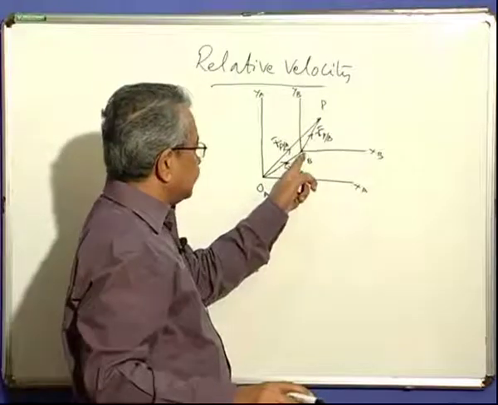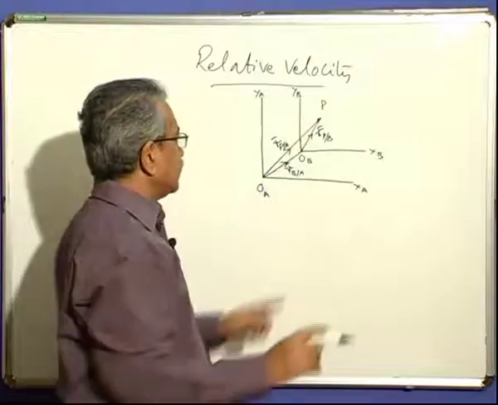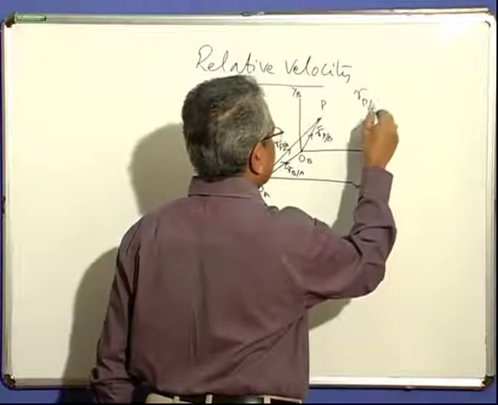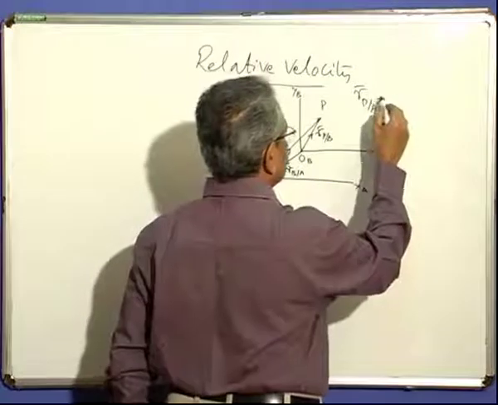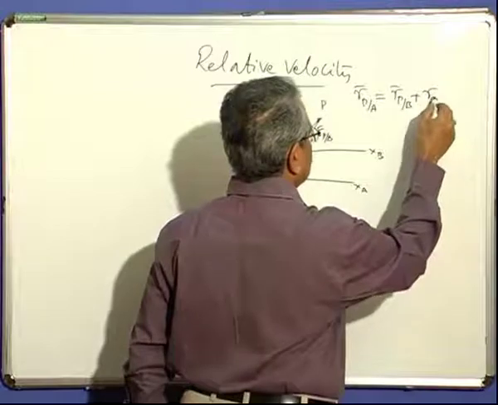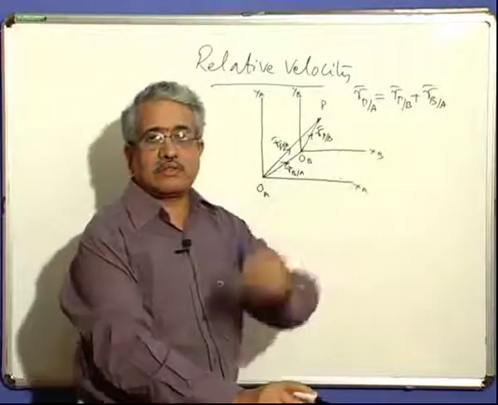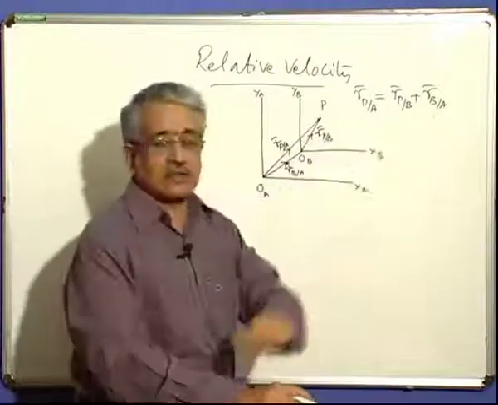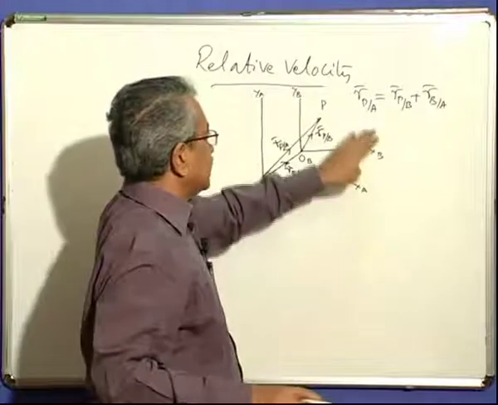This observer is here with respect to A. Now you can see in the picture, RPA, that vector is equal to the sum of these two vectors. Just like what you have seen in the case of one-dimensional position there. One dimension is along the x-axis. Now it is the vector notation along the position vectors. So now you see here.